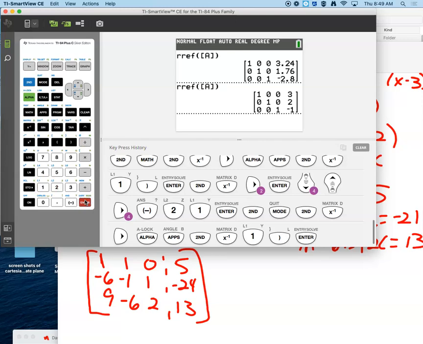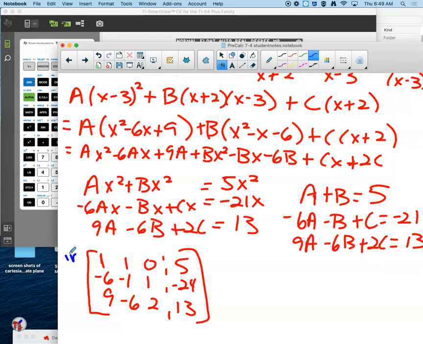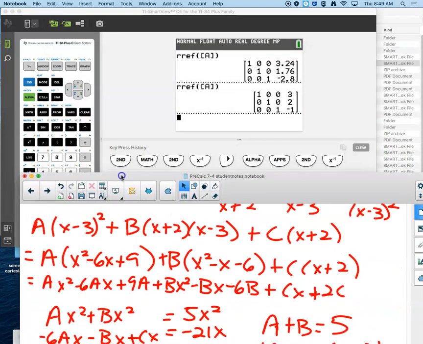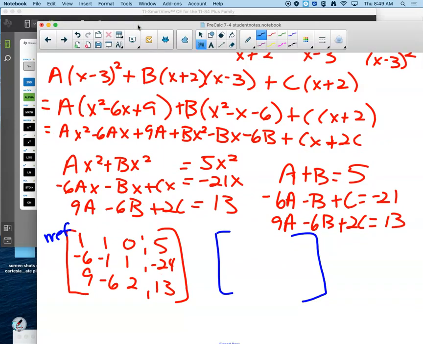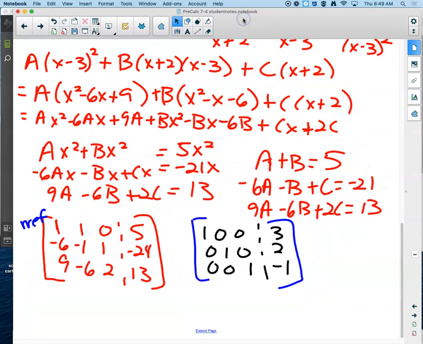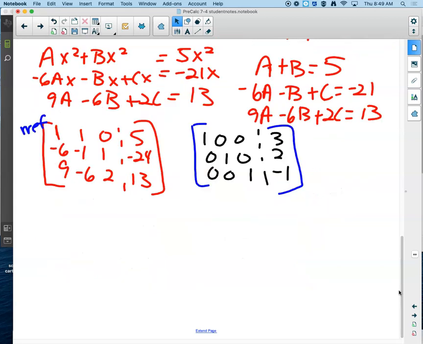That's better. Now the smart bird's going to be angry. And I don't want to scroll back, so 3, 2, negative 1. All right, since I had to go back and fix that one.